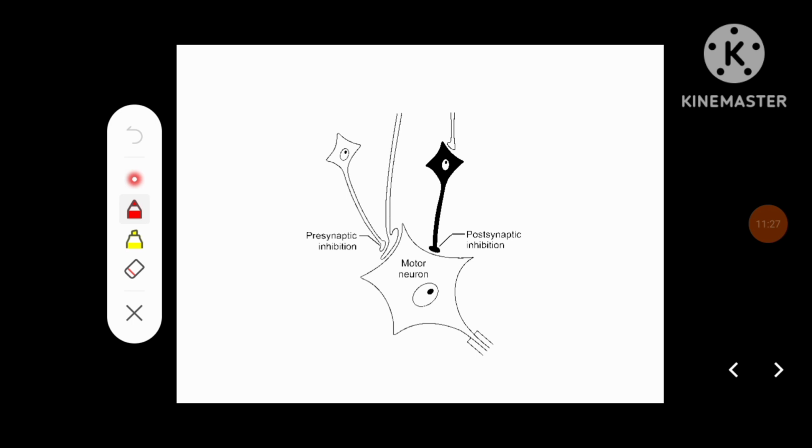This diagram shows postsynaptic inhibition. Postsynaptic inhibition can be direct, when the interneuron secretes an inhibitory neurotransmitter, or it can occur because of the state of the postsynaptic membrane when it is in the refractory period, so the cell cannot be excitable.